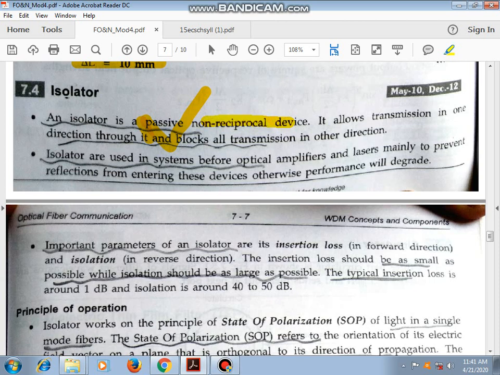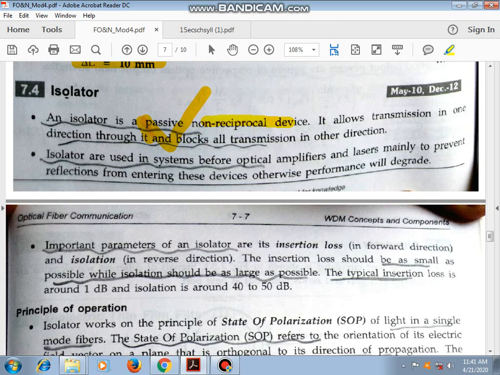It blocks the transmission in the other direction. Isolators are used in a system before optical amplifiers and lasers, mainly to prevent reflections. As I told you, the laser will travel from the transmitter end to the receiver end. At the receiver end it will be reflected.